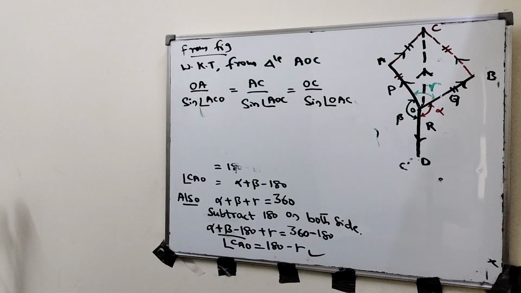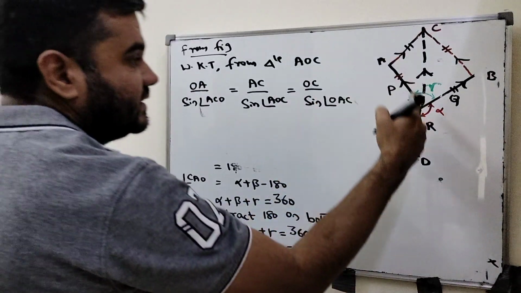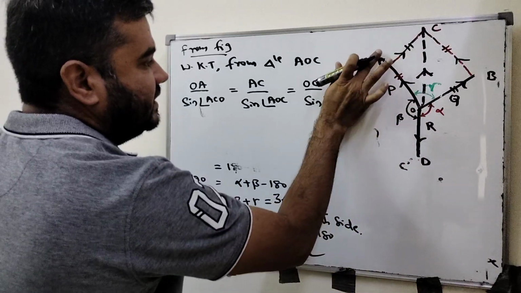OC divided by sine of angle CAO. This is CAO, sorry for that.